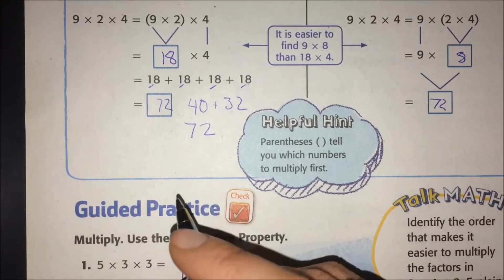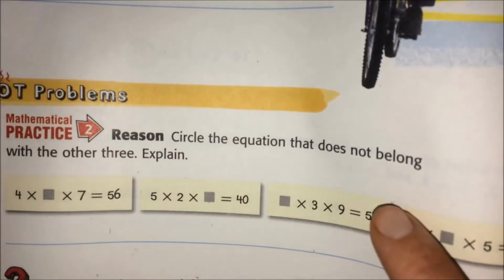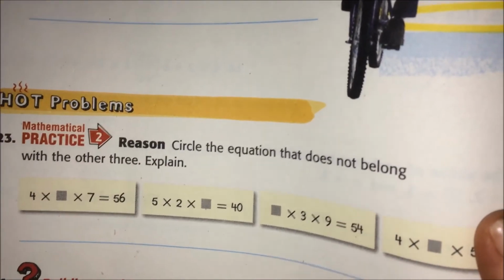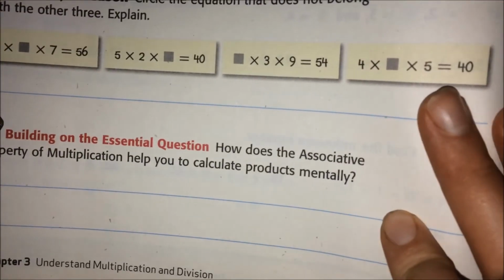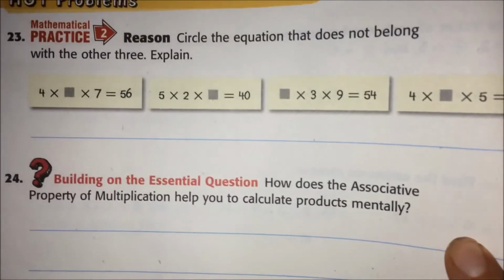Okay, hold that thought for a second because today I'm going to talk to you about the essential question that's on page 170. It's the same lesson, but I want you to look at the essential question.